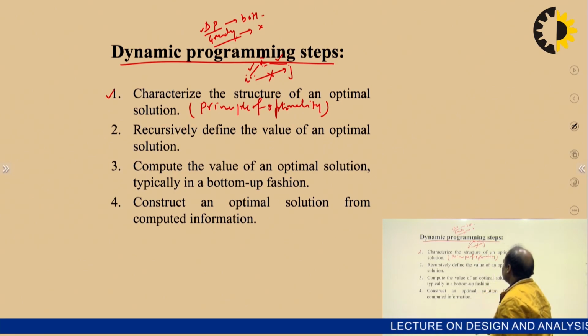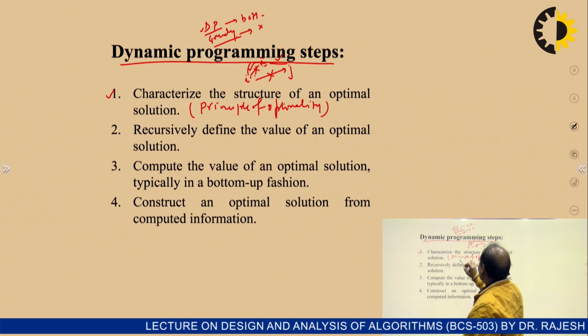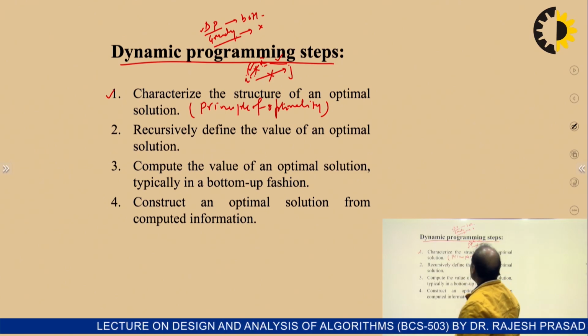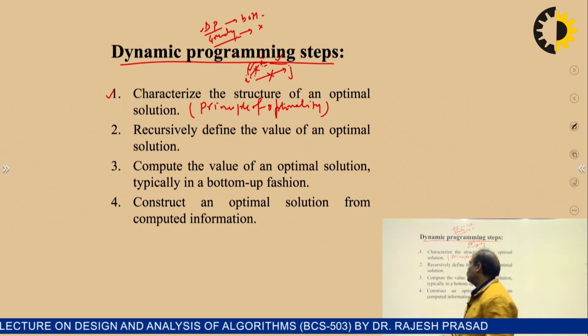If this is not optimal, there is another path which you can follow, so this is not going to be the shortest; there is something shorter than this. So you have to choose the structure of an optimal solution such that the principle of optimality is holding.